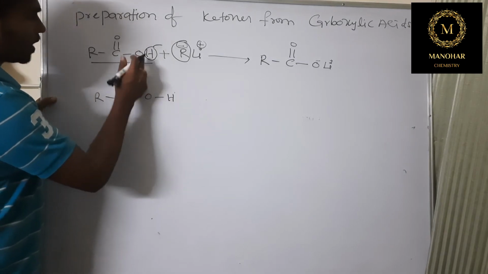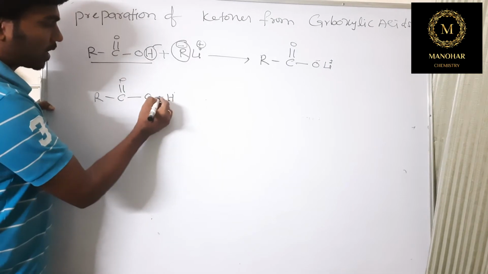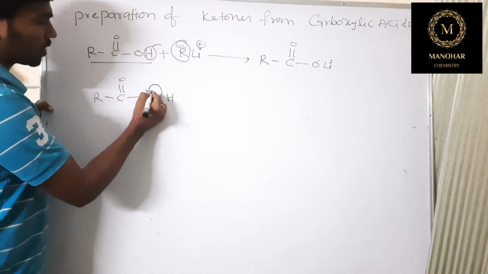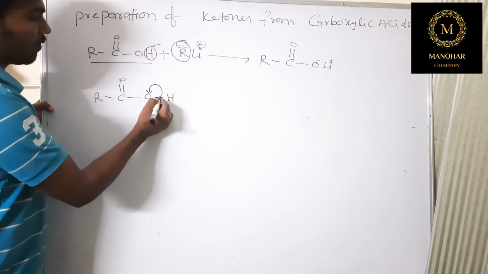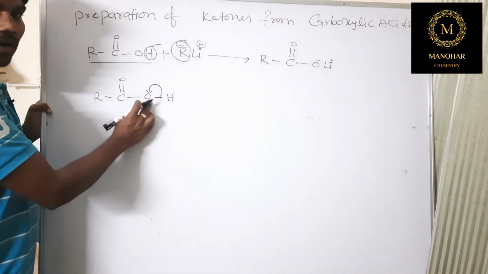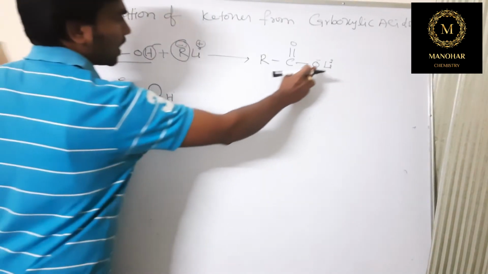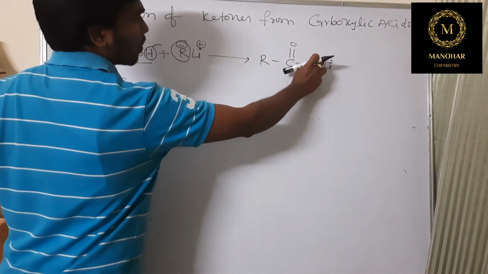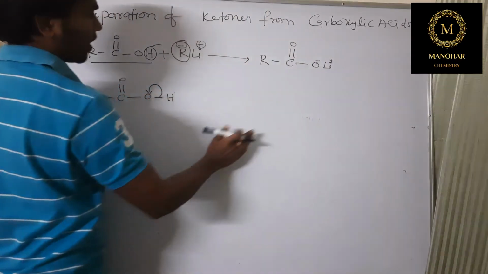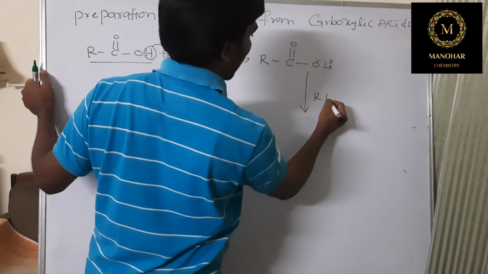It has to release hydrogen in the form of H plus, which means this bonding pair has to shift towards the oxygen side. This bond pair has to be taken by the oxygen, and then only this H will be released as H plus. In this process this oxygen will get a negative charge, and that negative charge is neutralized by the metal. And then one more mole of alkyl lithium.